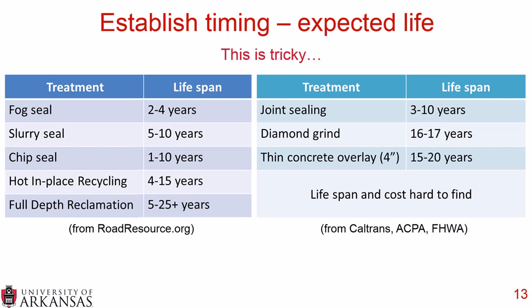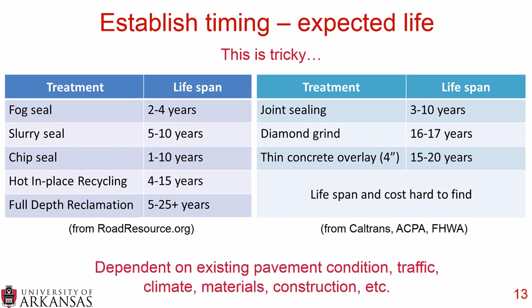Now, I hope a question you're asking yourself is, why is there a span of life? Shouldn't we know how long a fog seal lasts? Shouldn't we know how long a diamond grind lasts? Well, the span is there because it is dependent on existing pavement conditions. So what's the existing pavement condition that you're placing the treatment on?